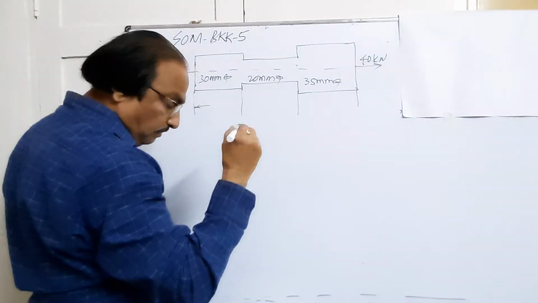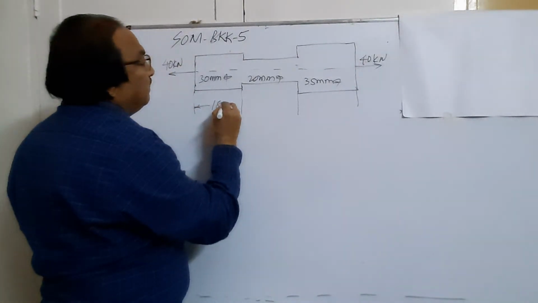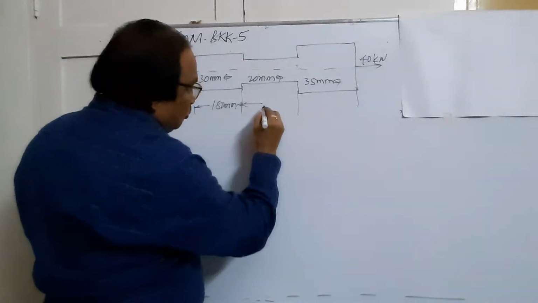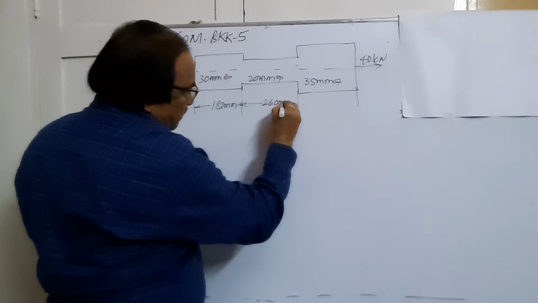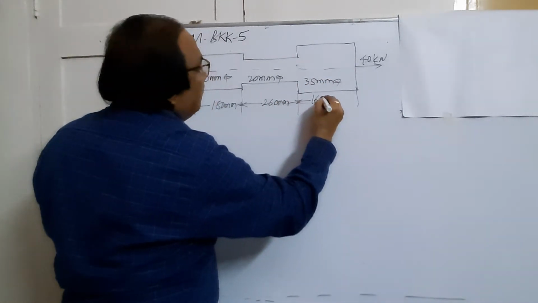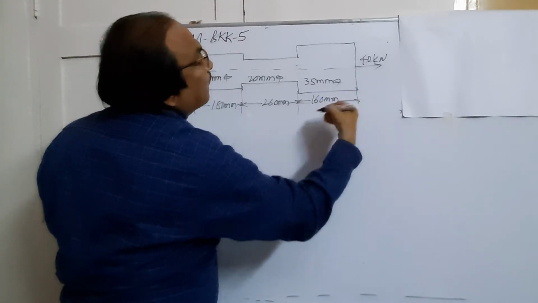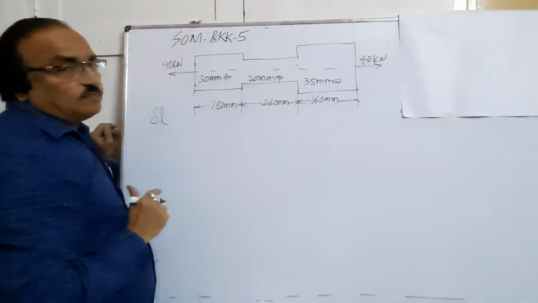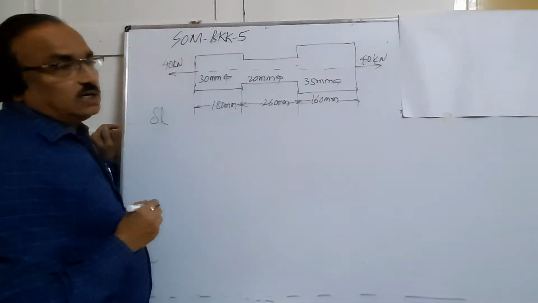The length of the first member is 180 mm, the length of the second member is 260 mm, and the length of the third member is 160 mm. You are required to find out the total deformation of this bar.